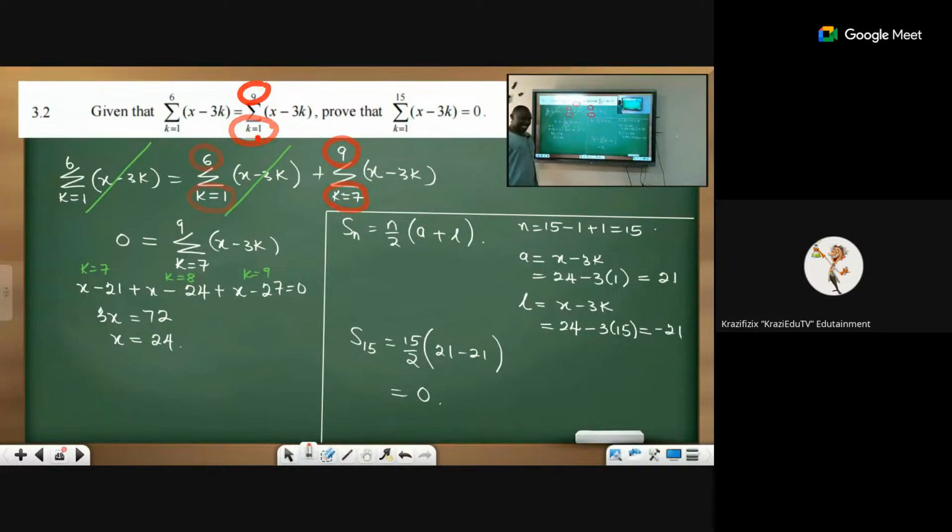I think this year, under functions, Northwest, they brought in sigma under a parabola. No, it was in paper 2. It was under analytical geometry. Yeah.